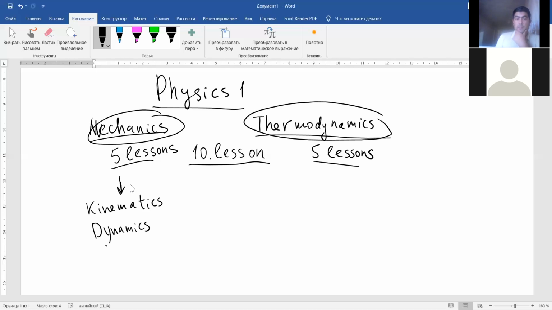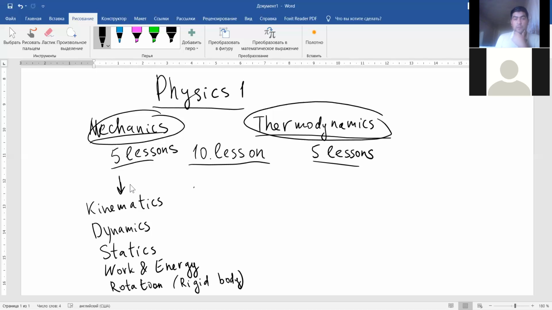Kinematics, dynamics, statics, energy, work and energy, and then rotation, rotational dynamics, rigid body, then mechanics of the liquids.